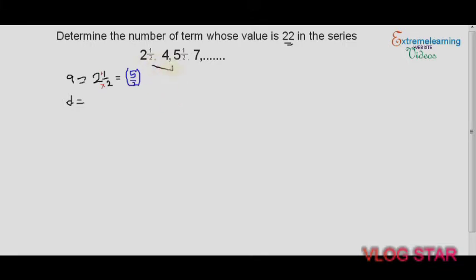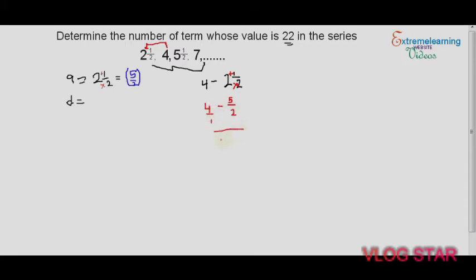Now let's check these ones out here. This is 4 minus 2 1/2. This is the first one we want to check, that is 4 subtract the first term. Let's check what the common difference is here. This is 4 minus 2 times 2, then plus 1, which gives us 5 all over 2.